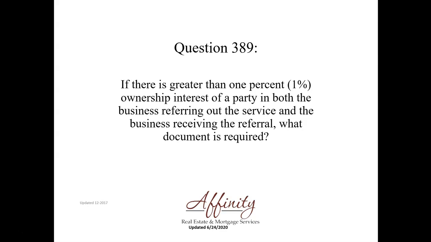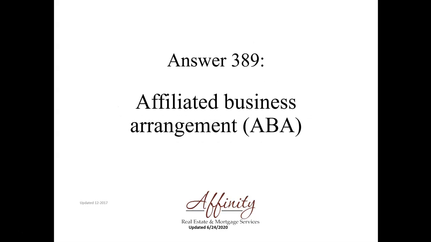Question 389. If there is a greater than 1% ownership interest of a party in both the business referring out the service and the business receiving the referral, what document is required? That document required is called the Affiliate Business Arrangement, ABA.